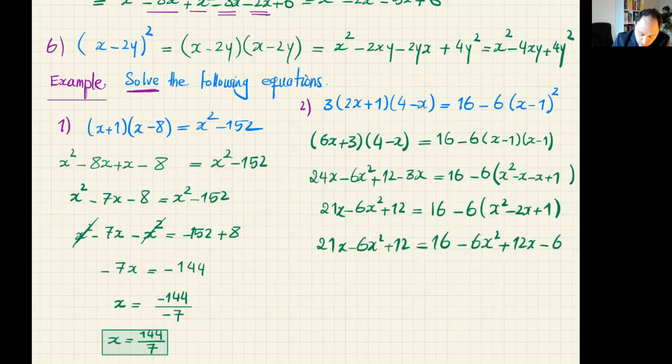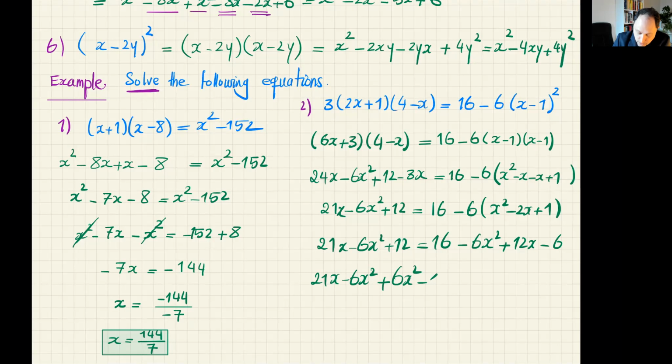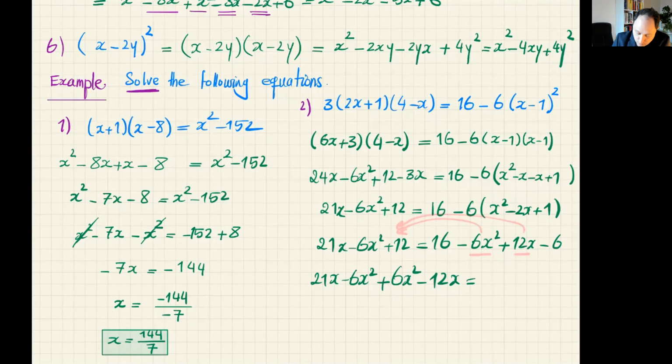So let me write 21x minus 6x squared. And I move everything including x to the left-hand side. The next, this becomes positive 6x squared. This becomes negative 12x. So I took these two and moved them to the left. But there is 12 here, I move it to the right.